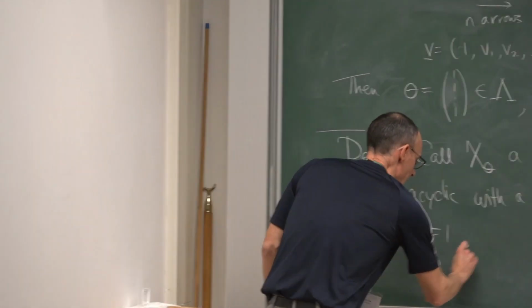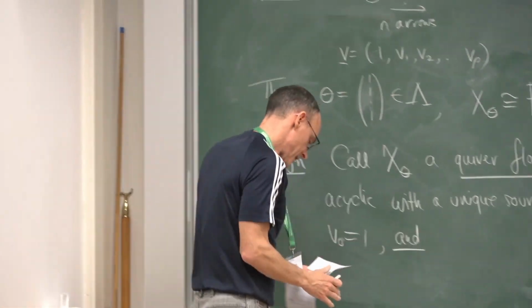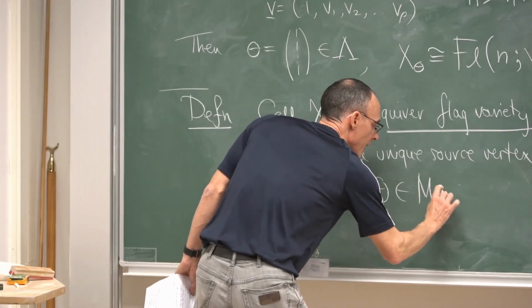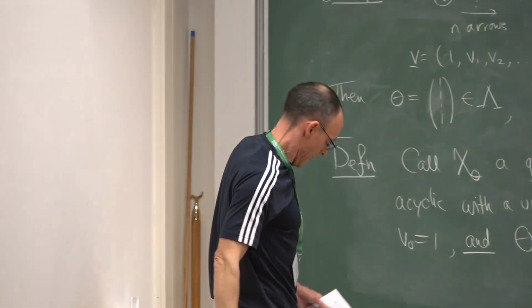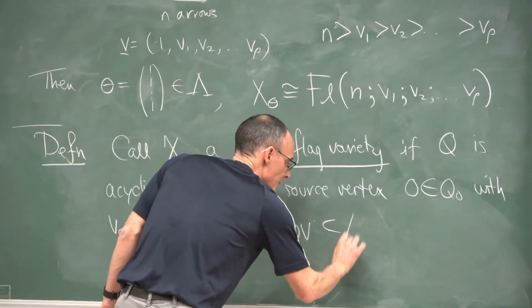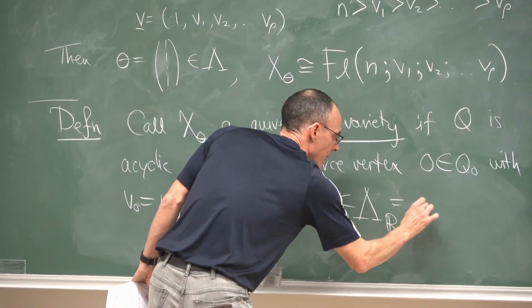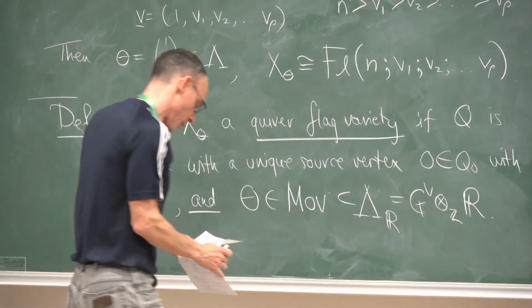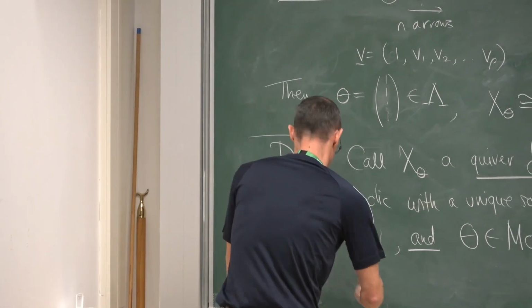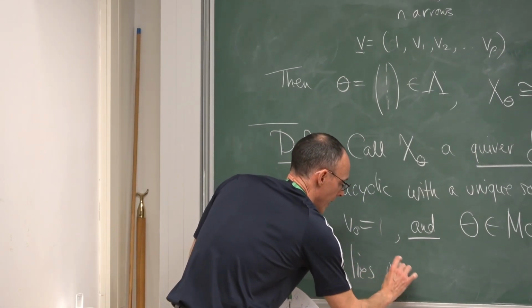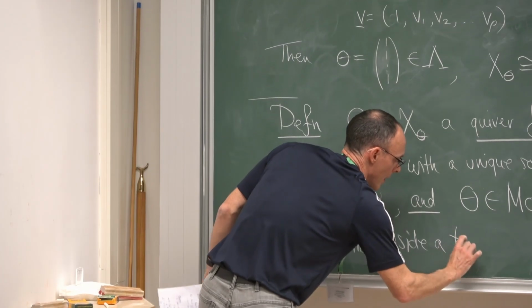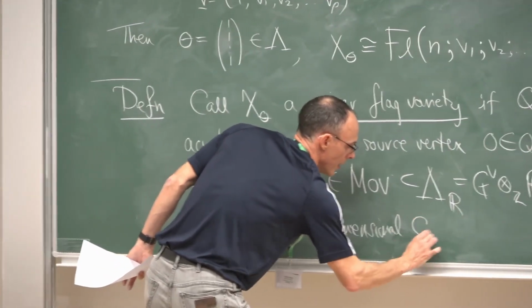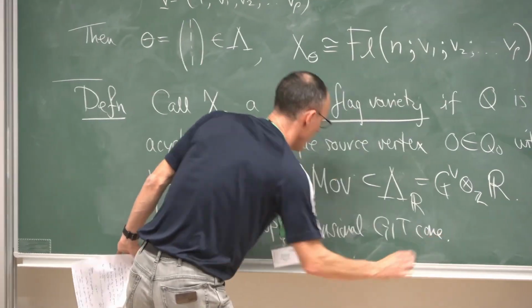And moreover, and this is a little harder to motivate, theta, I want it to lie in the movable cone, which is a cone sitting inside the corresponding vector space, just as when we played with the secondary fan, so theta lies inside a top dimensional GIT cone.